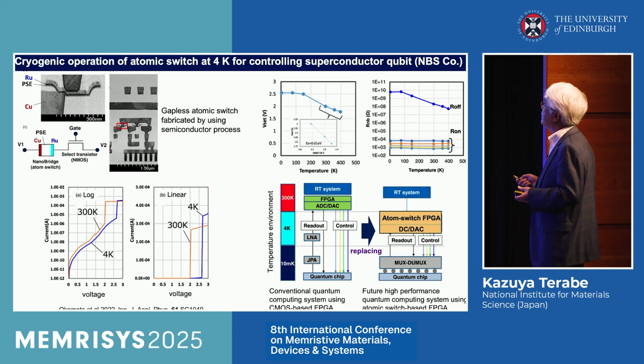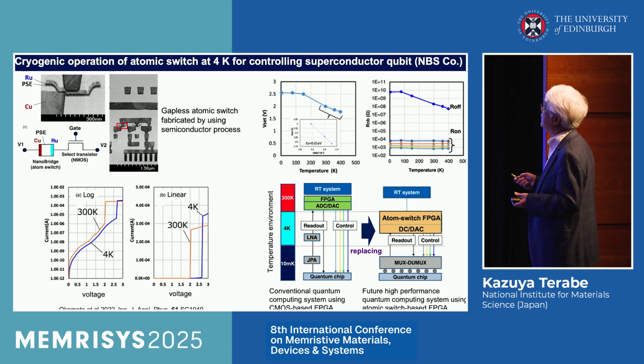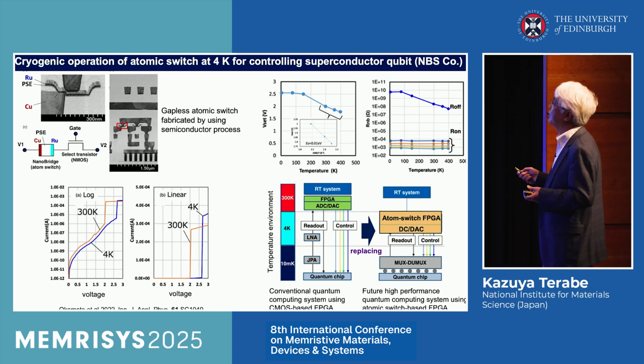So this shows the temperature and switching voltage relation. At 400 Kelvin, the switching voltage is about 1.8 volt, but with decreased temperature, at about 4 Kelvin, the switching voltage is 2.5 volt, not so different.